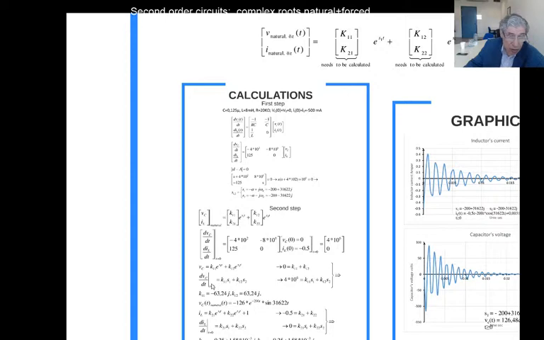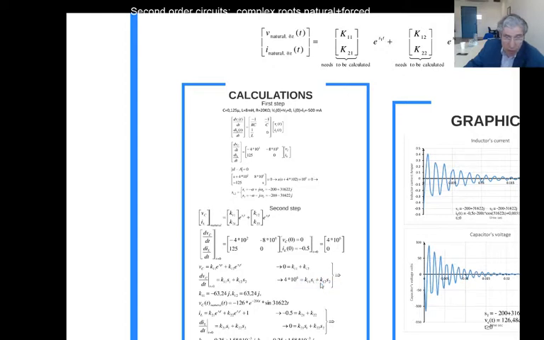If we replace t with 0 here, this is the initial condition that we already calculated, which is the capacitor voltage derivative initial condition, equal to this one. When t is replaced with 0, it gives this second equation.